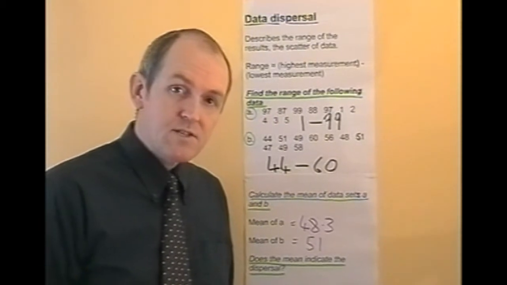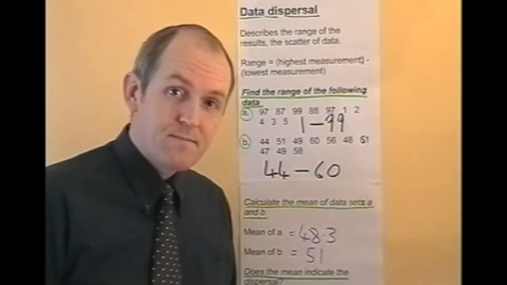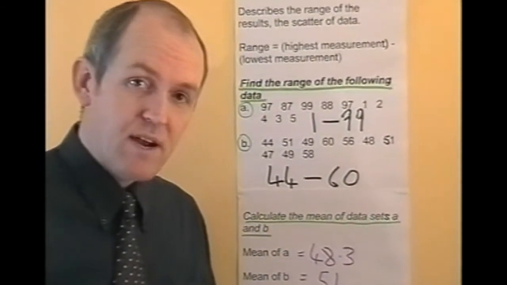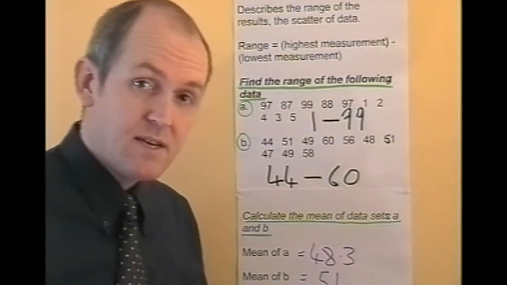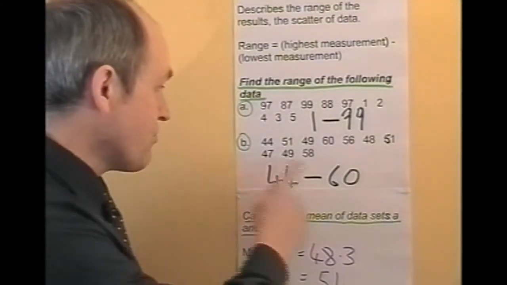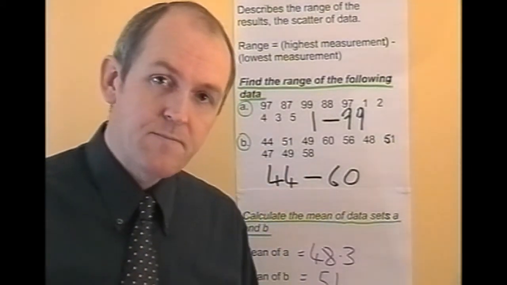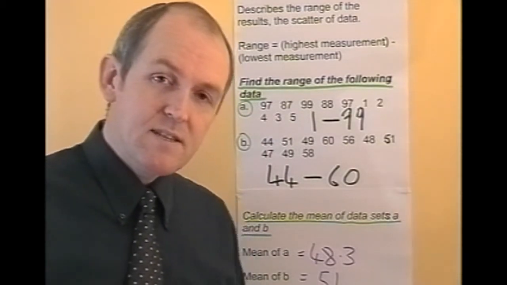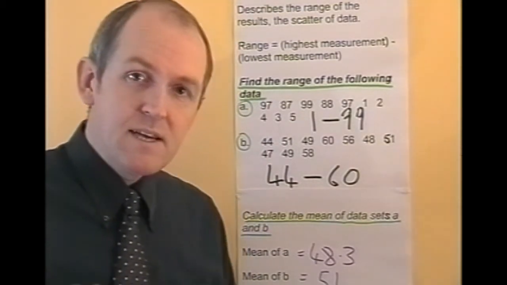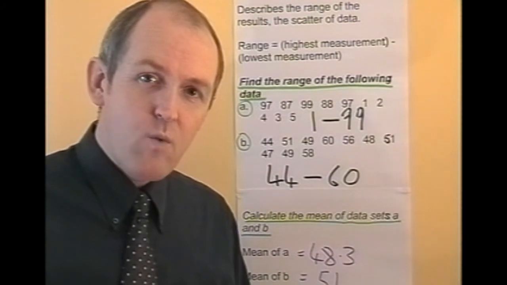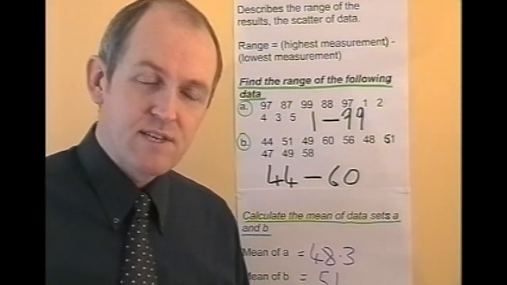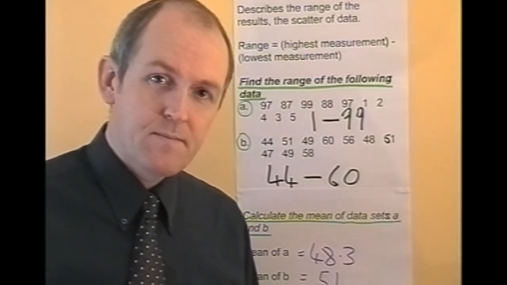And yet the means are almost the same. So data set A, large range, mean round about 50. Data set B, small range, but mean round about 50. So can you see that the mean is not telling us how widely dispersed the data is from the mean?